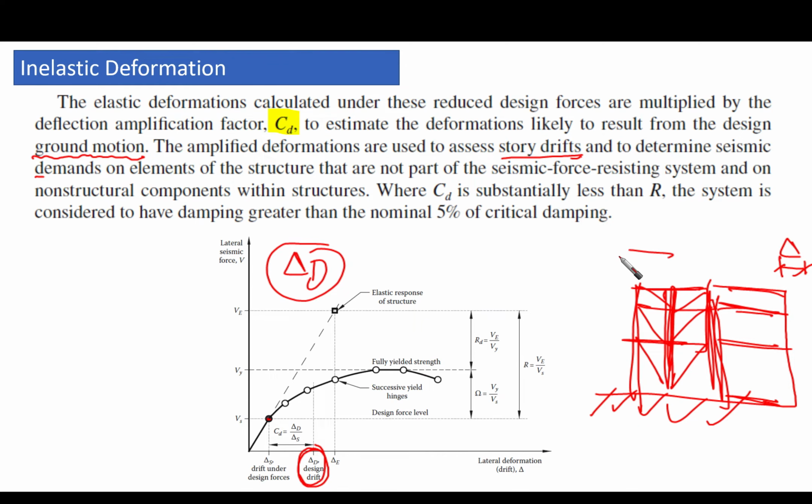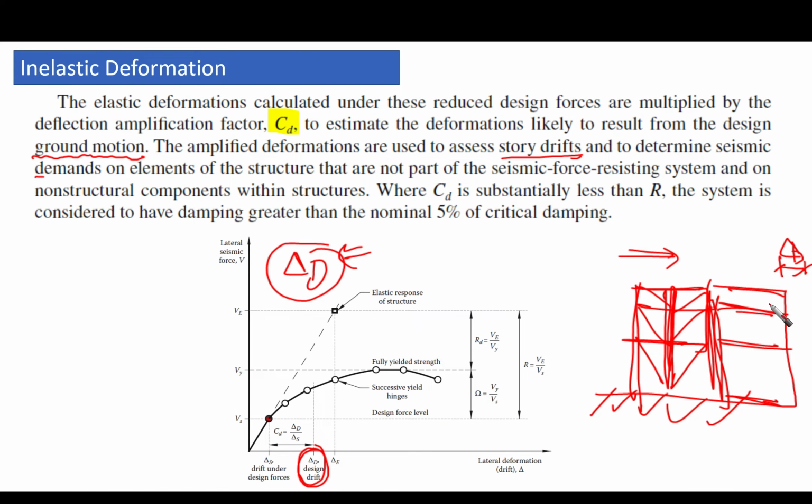It will go in this direction, right? So this means that this gravity load system is going to experience this delta, which is delta D. So we need to design it. We want to know how much delta is going to be experienced.